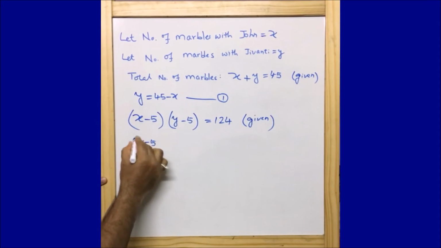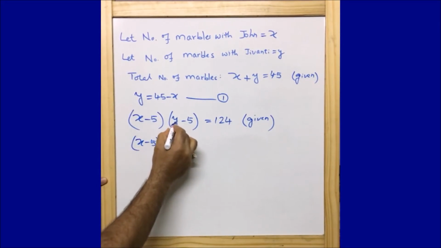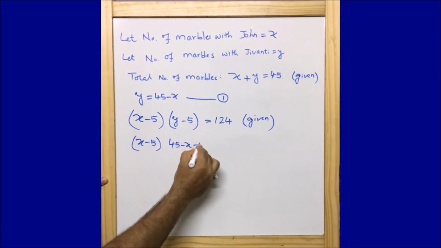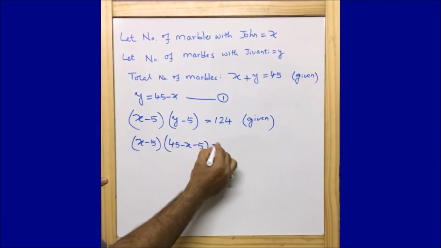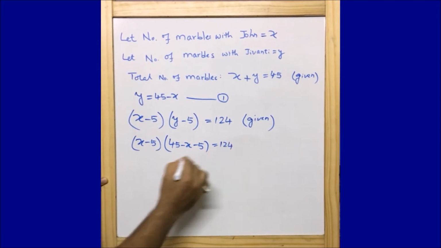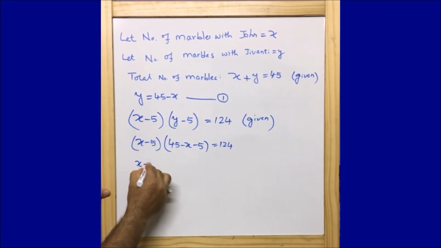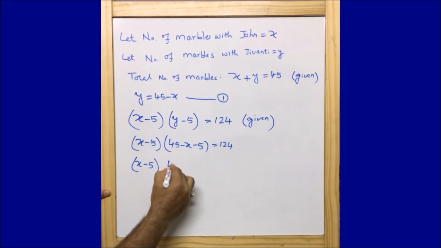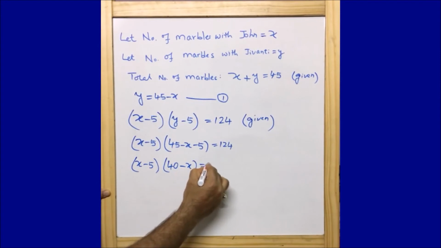X minus 5, instead of Y I will write 45 minus X, minus 5, is equal to 124. Or I can write X minus 5 into 45 minus 5, which is 40 minus X, is equal to 124.